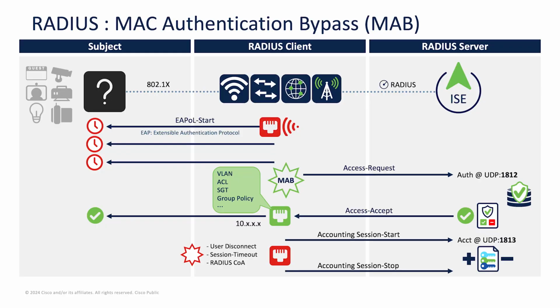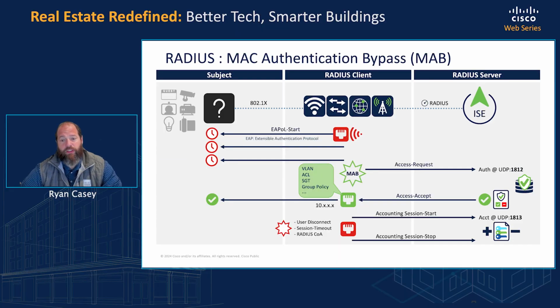MAC address authentication bypass, or MAB, is an additional authentication method that can be used either in conjunction with 802.1x or as a fallback in the event that devices are unable to authenticate with the .1x method. In this method, we are connecting these devices to the infrastructure just as we were doing before, but now they're authenticating based on the MAC address.